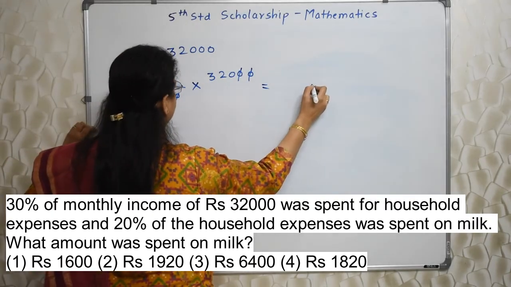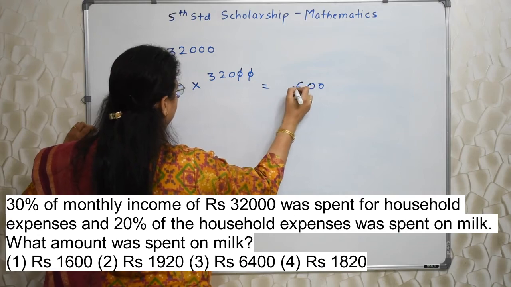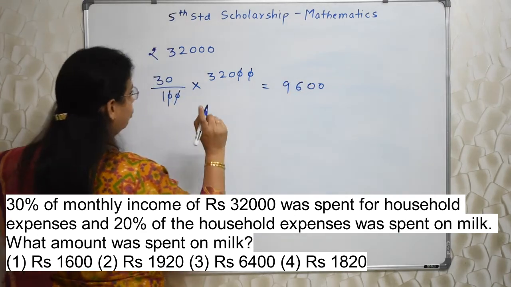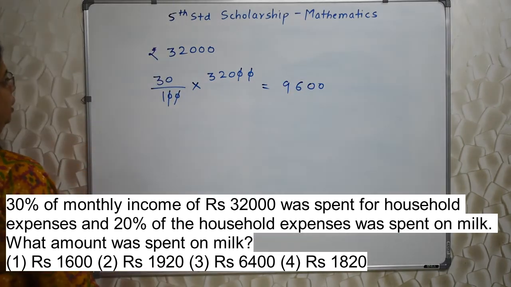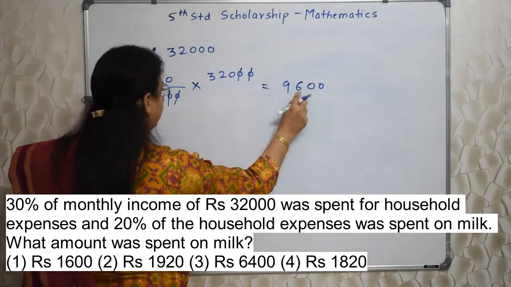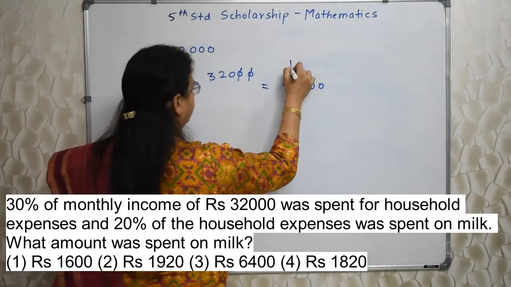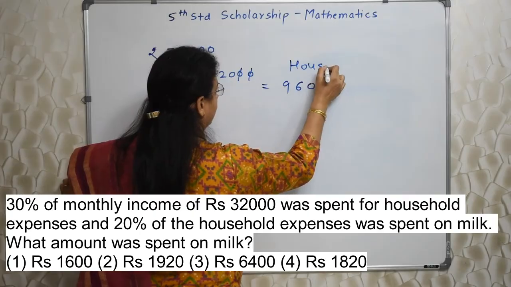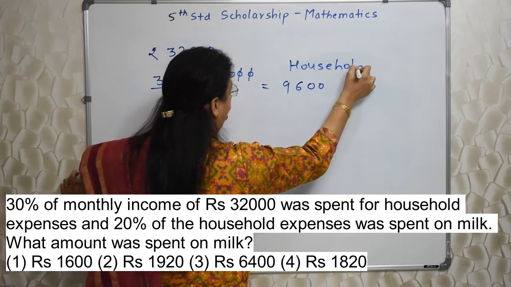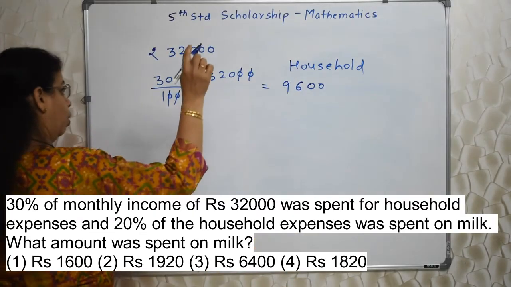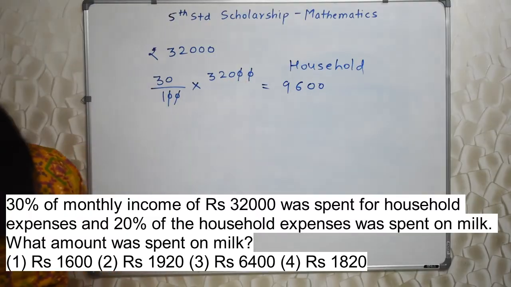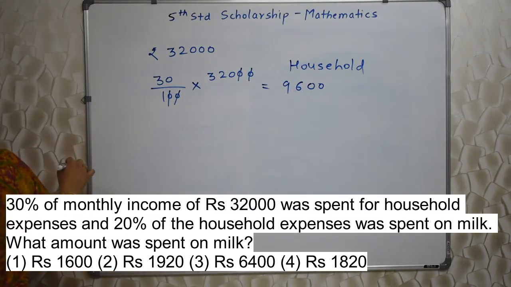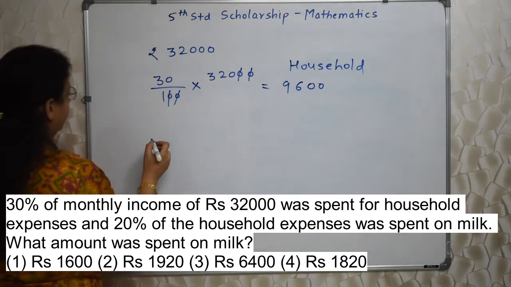How much is it? 9,600. It is 9,600 for household. And out of this 9,600, 20% is spent on milk.